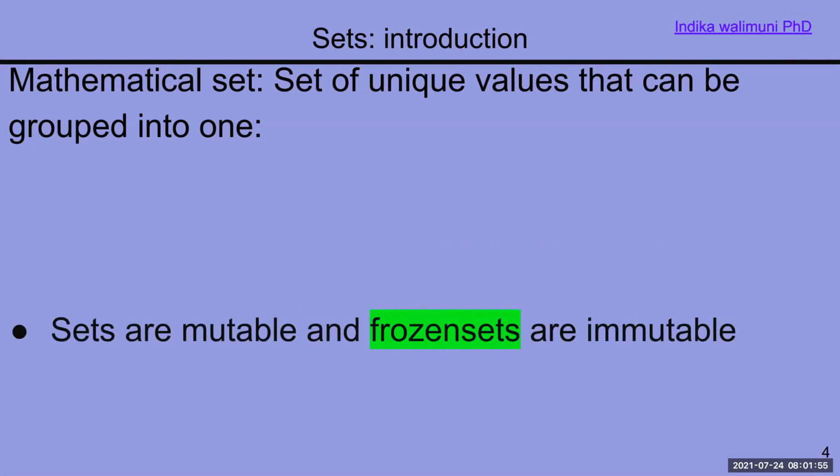So sets can only have immutable elements inside, but as a whole, a set is a mutable object. Just as we have the immutable counterpart of lists as tuples, we have the immutable counterpart of sets as frozen sets. Frozen sets are immutable.